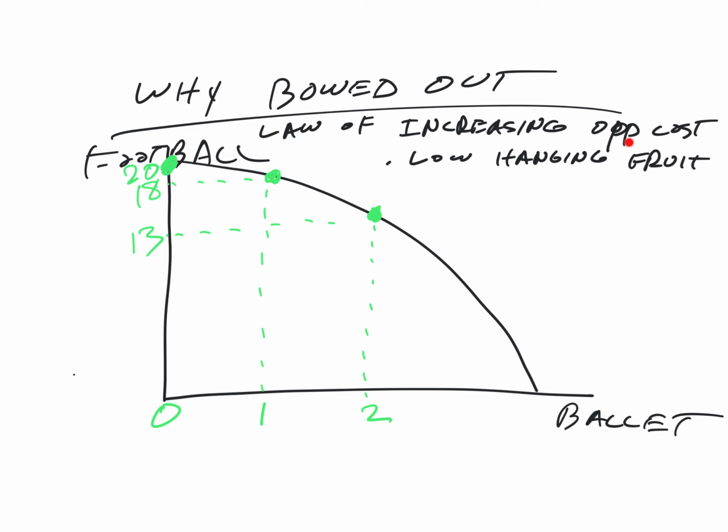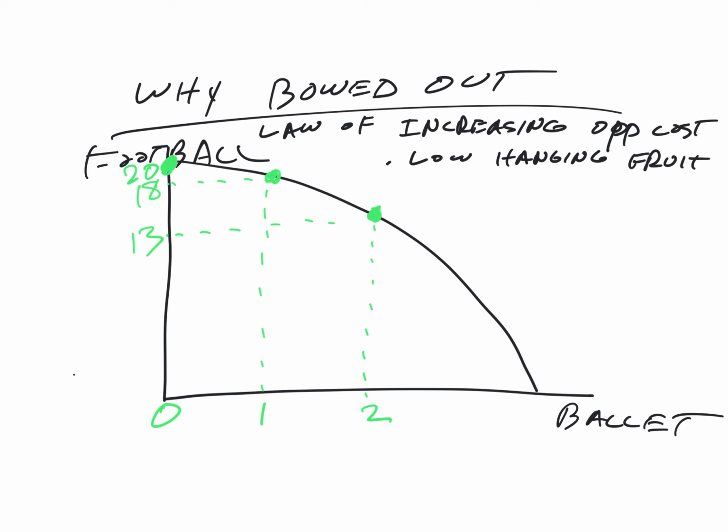Law of increasing opportunity cost. The opportunity cost has increased. Why? Because we've already transferred our best ballet people and our least good football people. So that's why we were able to get a ballet with very little loss in football. But now we're going with the next best ballet people. And you know what?